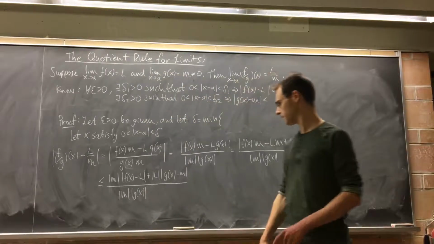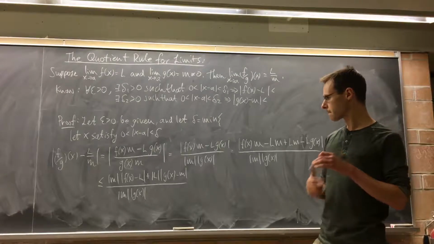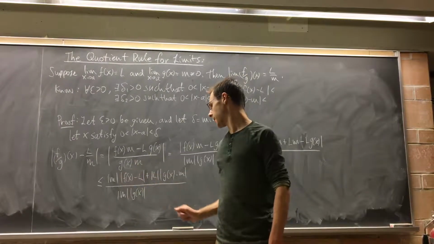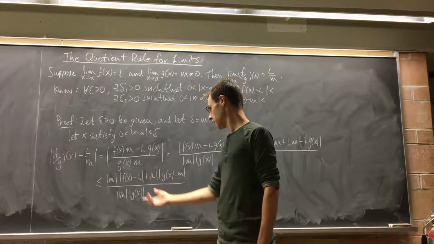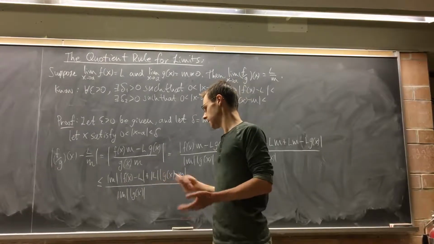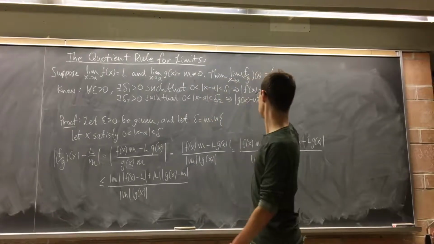All right, now this is looking good. If we choose that quantity to be less than epsilon over abs m, and this quantity here to be less than epsilon over abs L, then these two quantities can be made less than epsilon plus epsilon. Okay? So that's progress. We can totally do that.